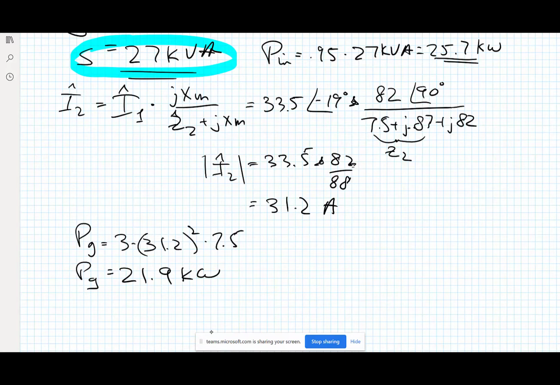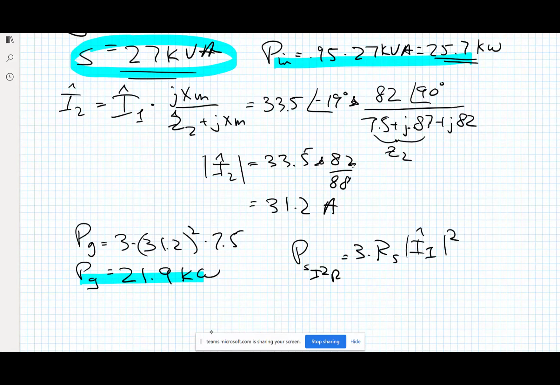It's about the difference between P in and P gap. I could know exactly what my stator losses are now from this if I wanted. It's essentially P stator equals 3 times R_S times the magnitude of I1 squared, but I don't even have to do that because it's going to be P in minus P gap.